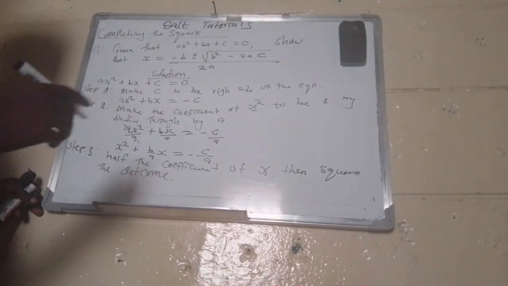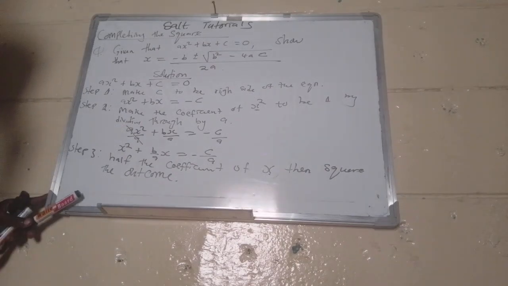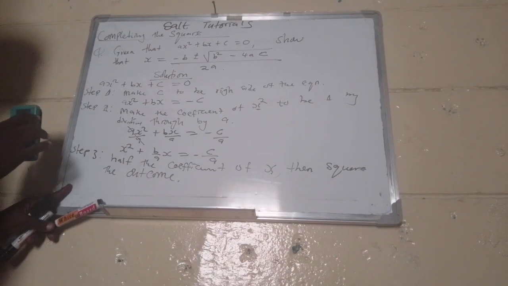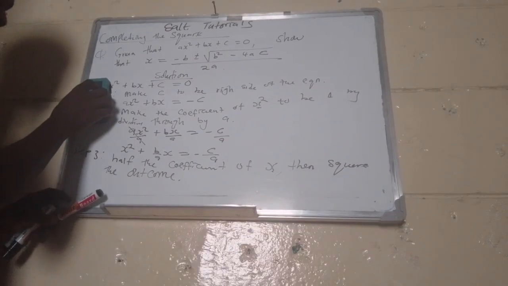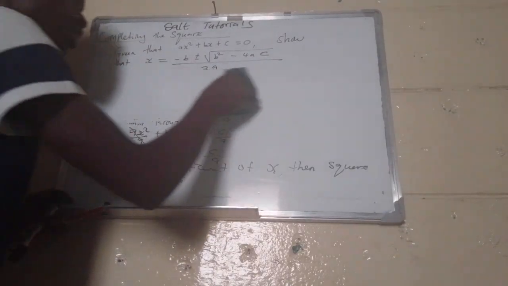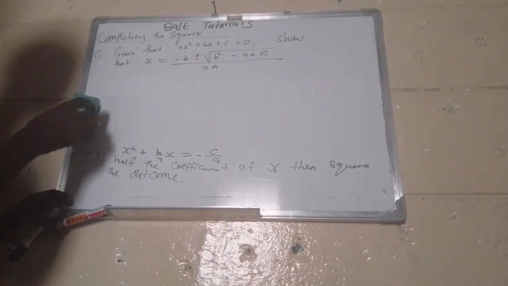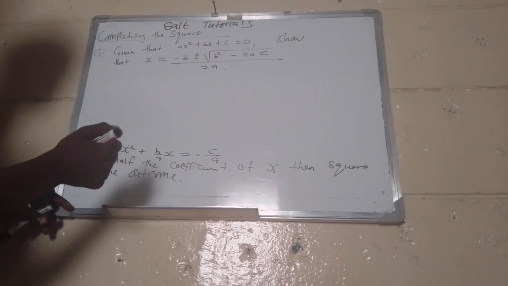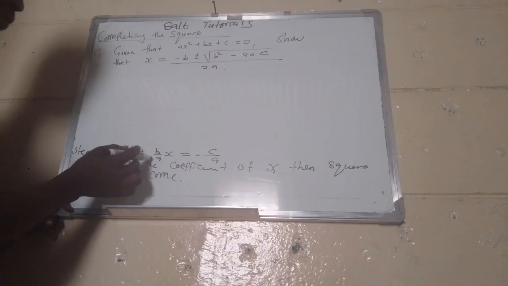Looking at step number 3, let me just erase the top part. I'm sure we've captured step 1 and step 2. So we are simply saying half the coefficient of x. The coefficient of x is b over a.